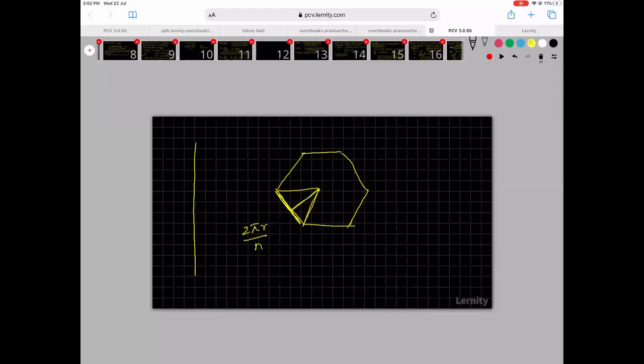Now this full angle here is 360, but because of n sides, this angle here will become 360 by n. That means this angle here will be 360 by 2n, so it will become 180 by n.